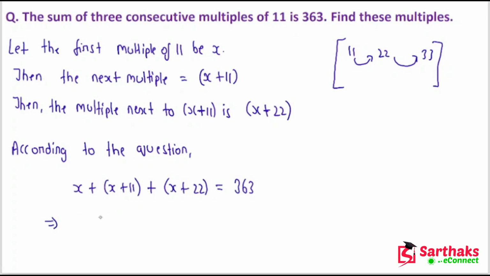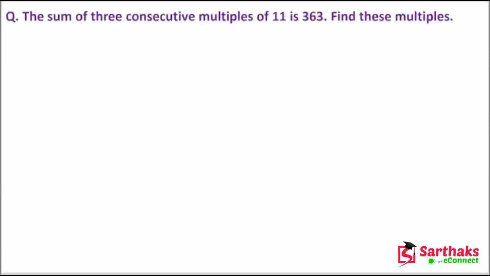Adding all the terms, we get 3x plus 33 equals 363. Now we have to solve it and then find the multiples. So we formulated the mathematical equation of the question so that we can solve it, and the variable x will give us the solution. So let us solve the equation. The equation is 3x plus 33 equals 363.